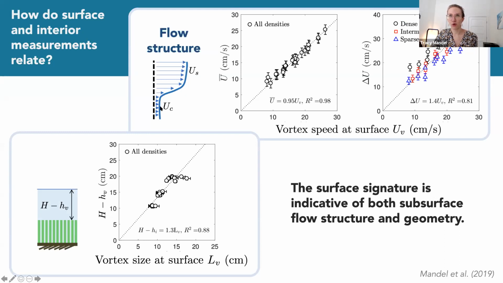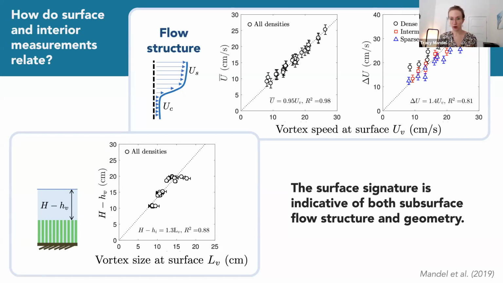And we have a within-canopy, within-seagrass-meadow velocity and a velocity near the surface. And so we could measure the speed of these vortex structures moving at the water surface and compare it to a depth average velocity and to the difference between this near surface and within canopy velocity.